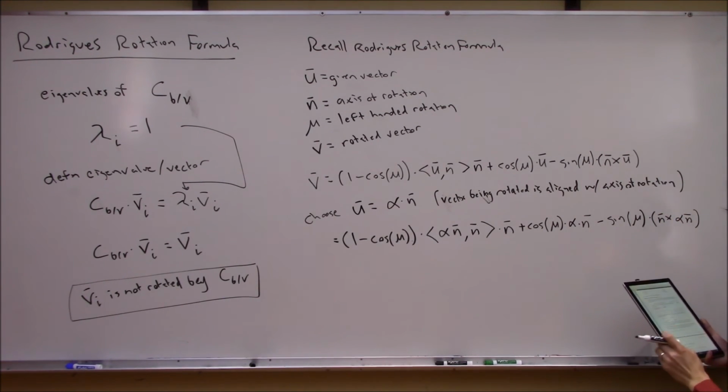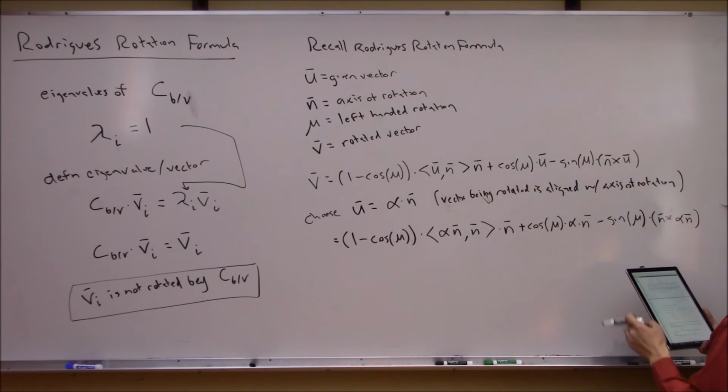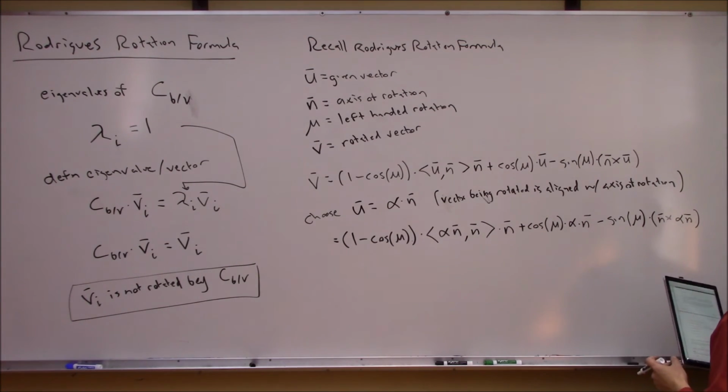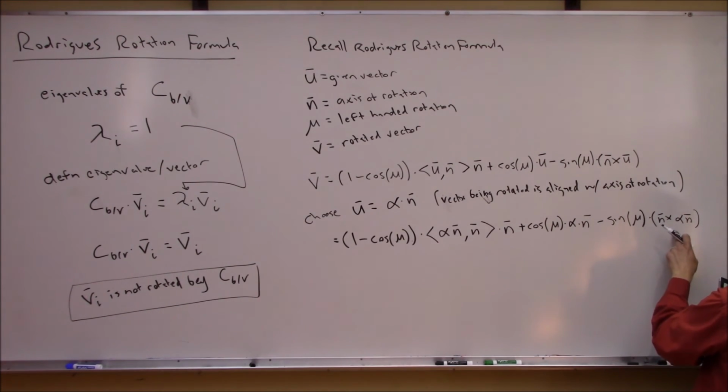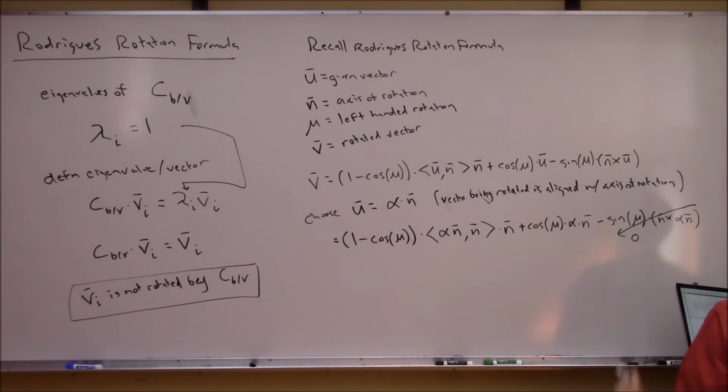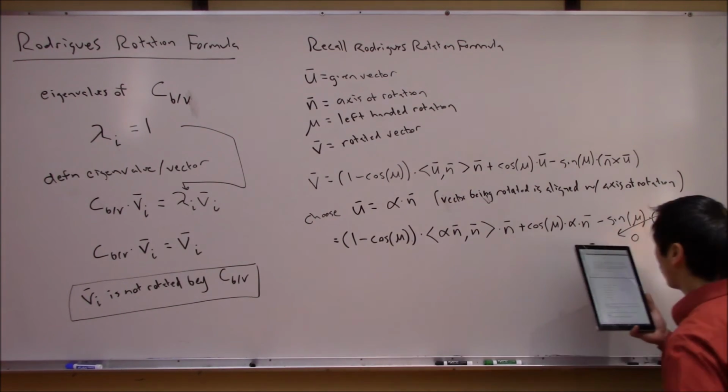A couple of things we notice here. This cross product is going to go away because n is aligned with n. It's in the same direction, and when you cross two vectors in the same direction, it becomes a big fat zero. So this term is gone.